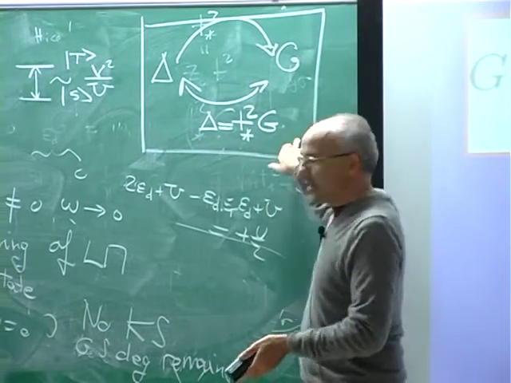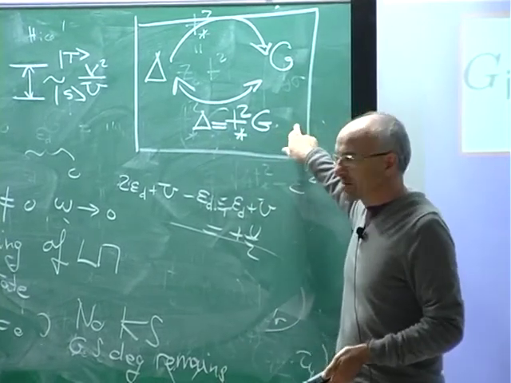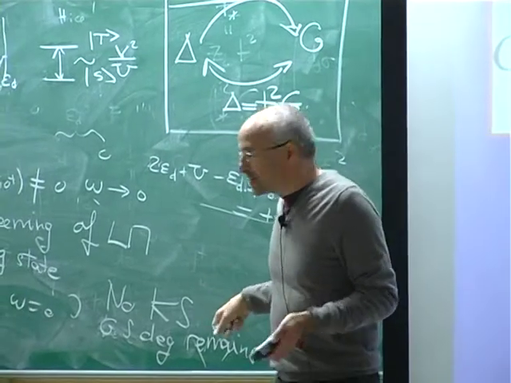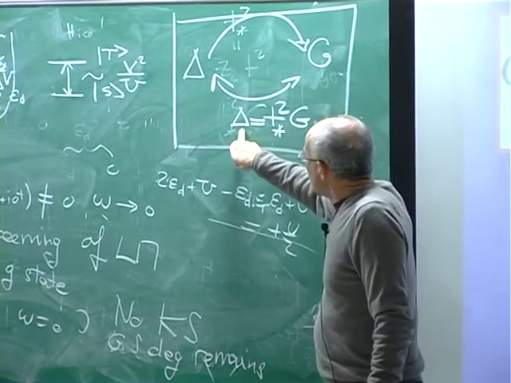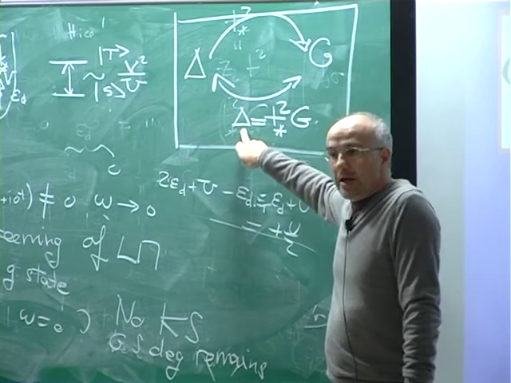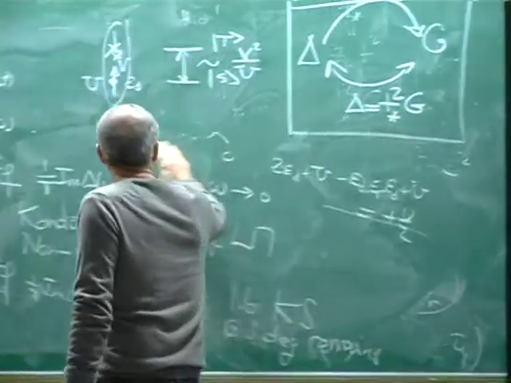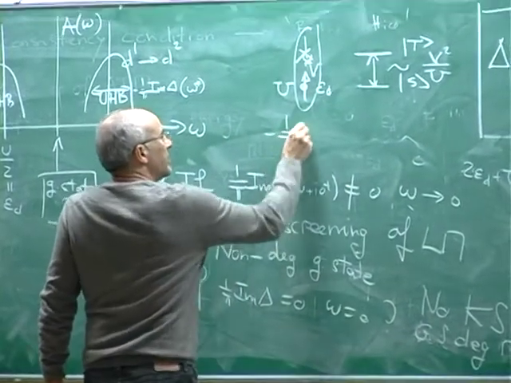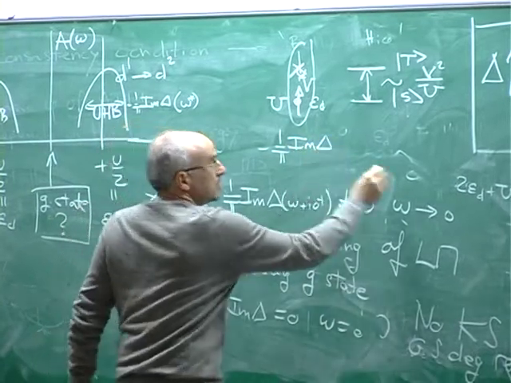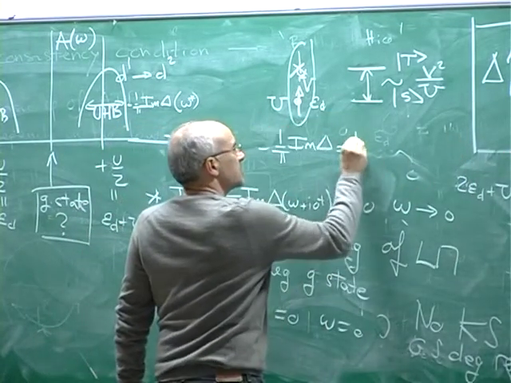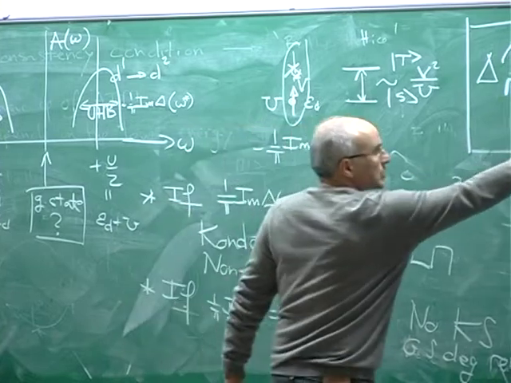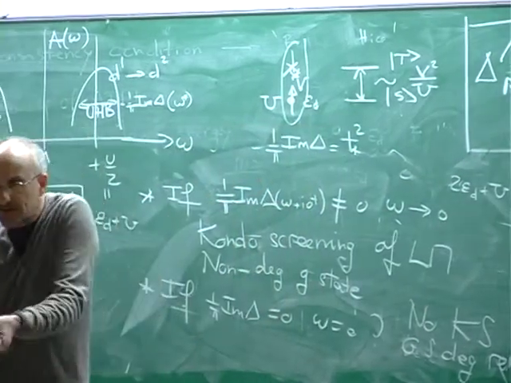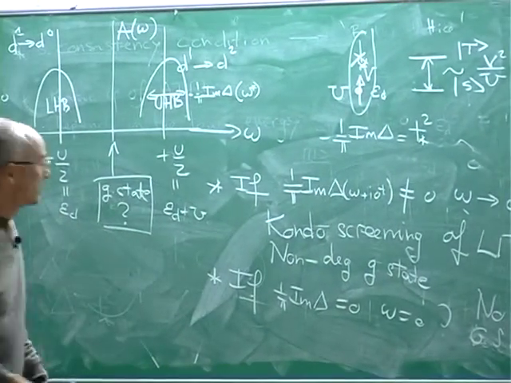So what is this equation telling us? Let's calculate (1/π) Im Δ, right? So this is telling us that minus (1/π) Im Δ is T star squared, which is just a number, times minus (1/π) Im G. What is this? This is the spectral function at 0 energy.